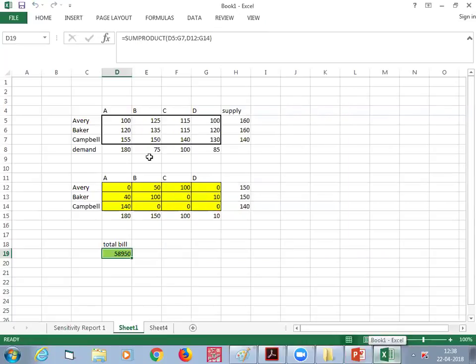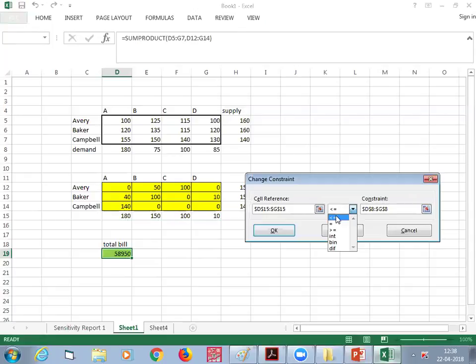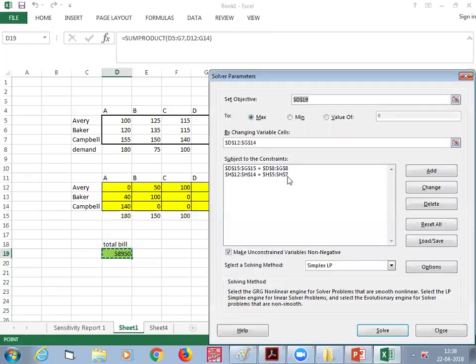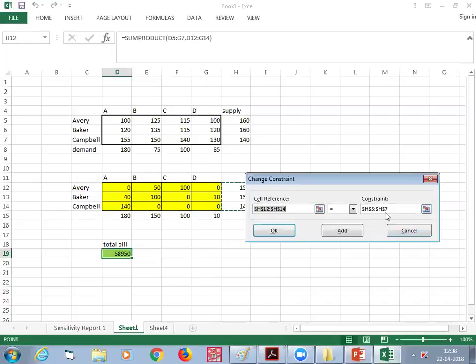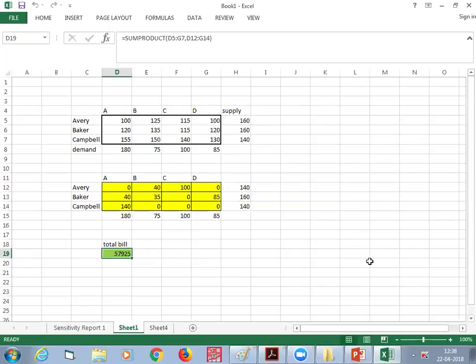No feasible solution because it's equality. This should be equal to, and this should be less than or equal to. And now we'll solve, right? 575, 925, huh?